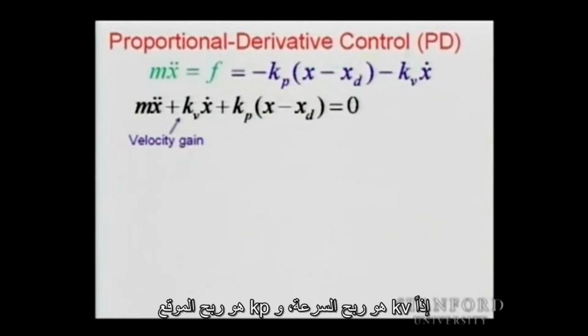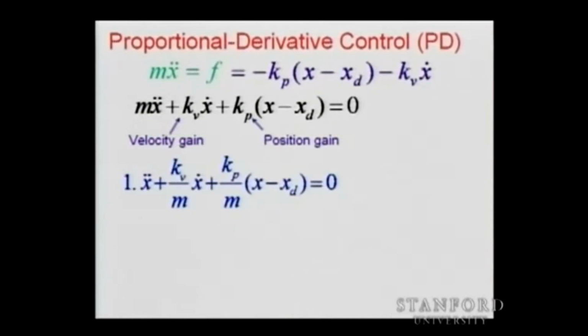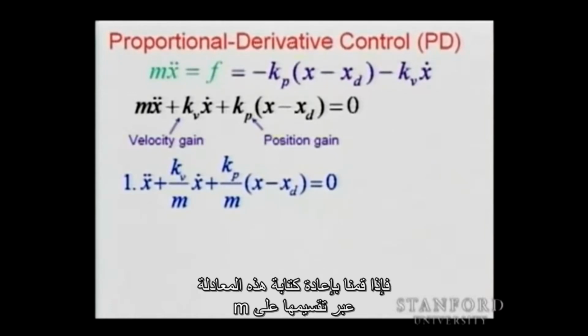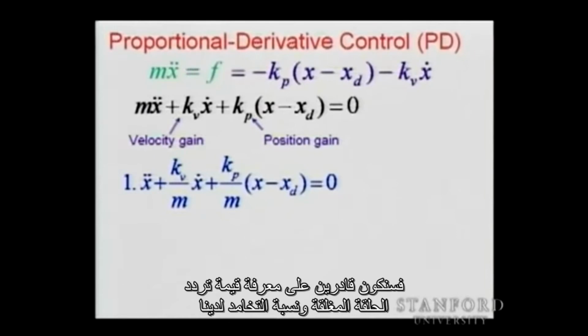So kv is your velocity gain and kp is the position gain. Now if we rewrite this equation by dividing it by m, we are going to be able to see what closed loop frequency we have and what damping ratio we have.